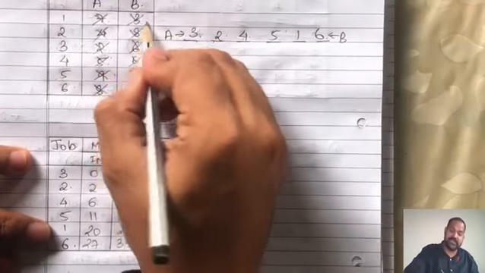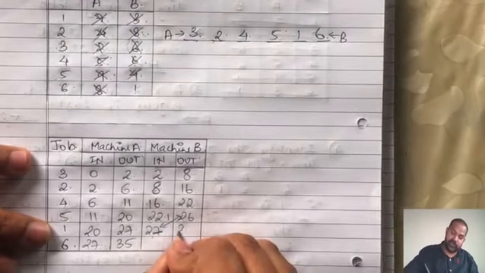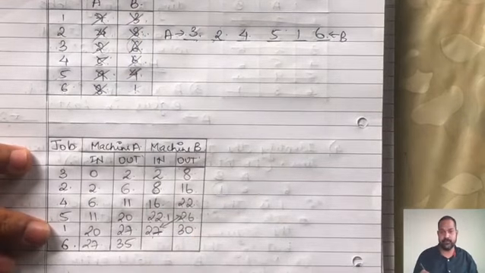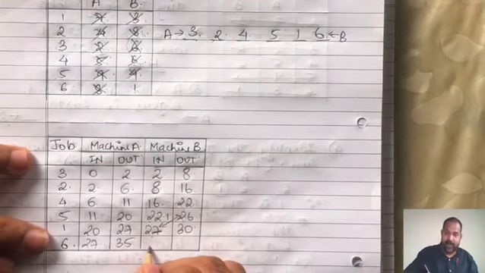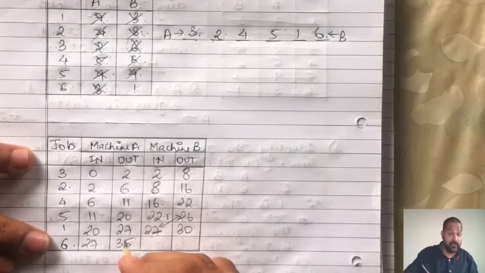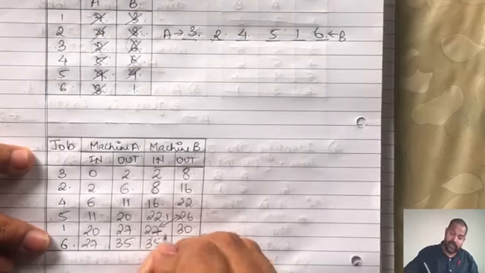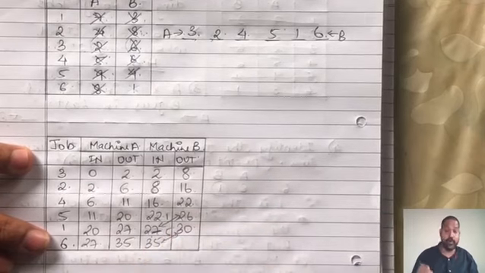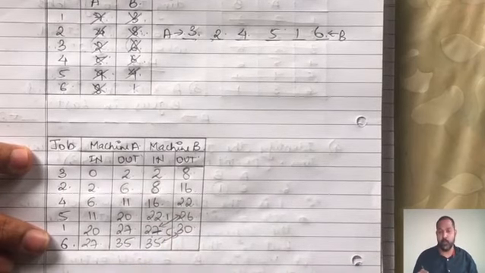1 on B takes 3 hours. 27 plus 3 is 30. Is the next job available at 30? No. It is going to be available at 35. So I wait till 35. I make a note here that there is a 5-hour waiting.